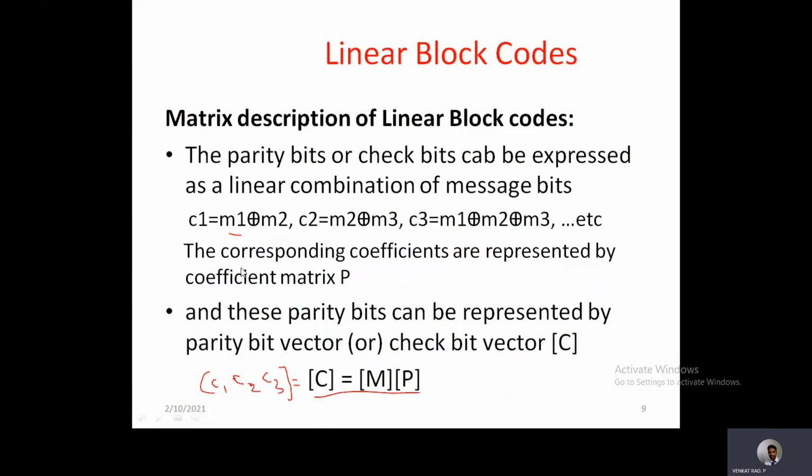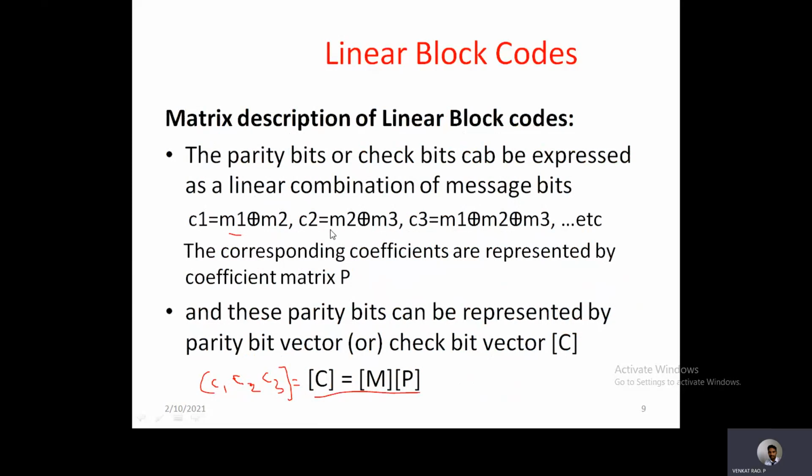Here the corresponding coefficients are represented by the coefficient matrix, that is P. That means when M1 and M2 terms are there but the M3 term is not, you should write plus 0 into M3. Similarly, when M2, M3 are there but M1 is not, that means 0 into M1 plus 1 into M2 plus 1 into M3.